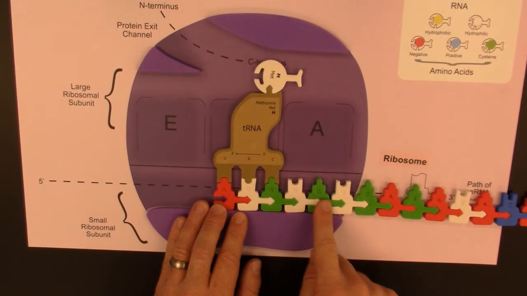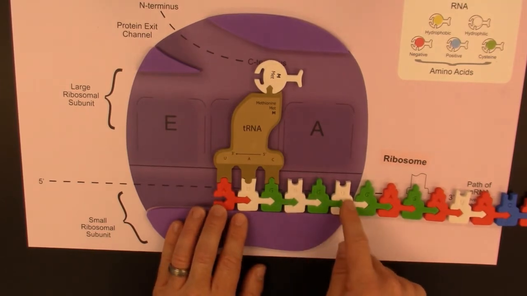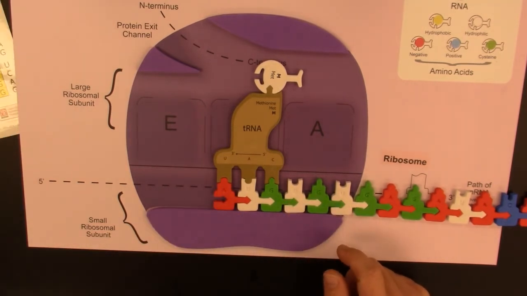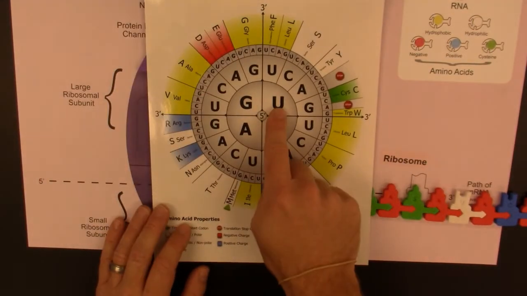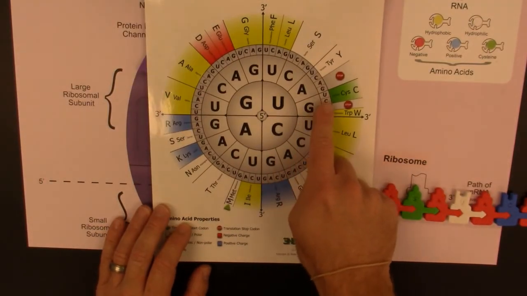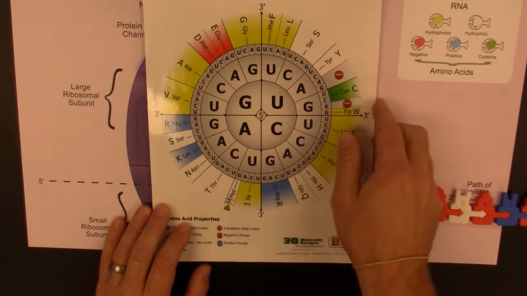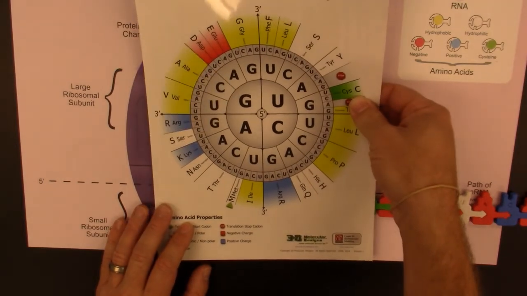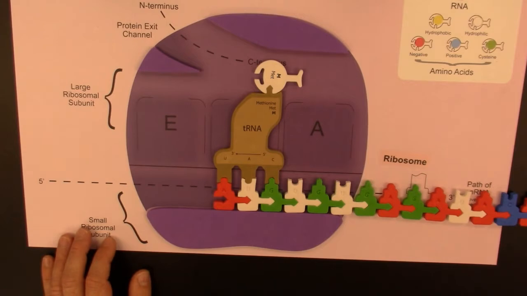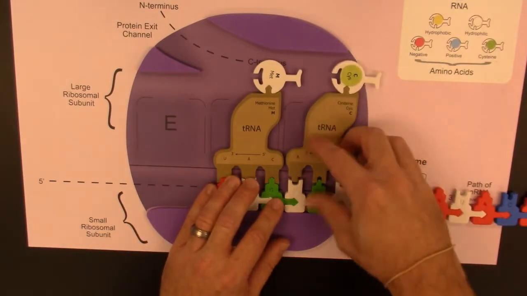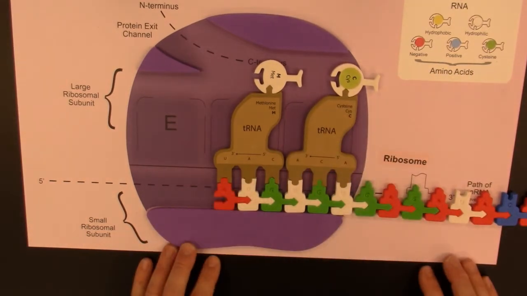Now let's take a look at the next one. UGU. I'm going to get my circle. UGU. CYS. Cysteine. So I'm going to go ahead and find it. Here it comes. And it's connected.